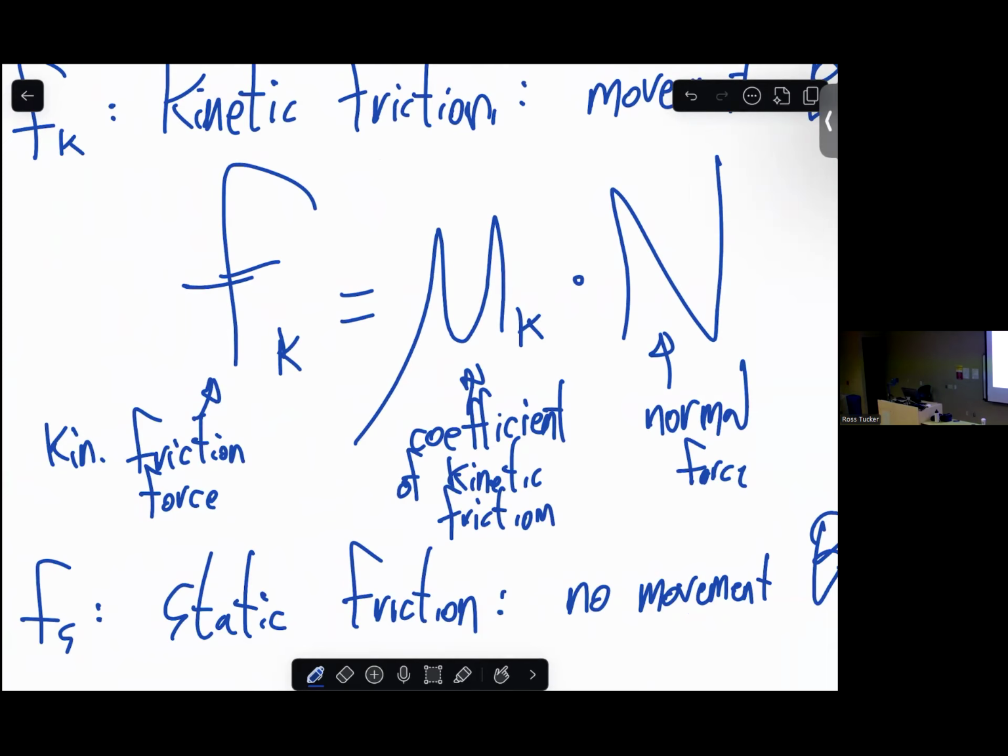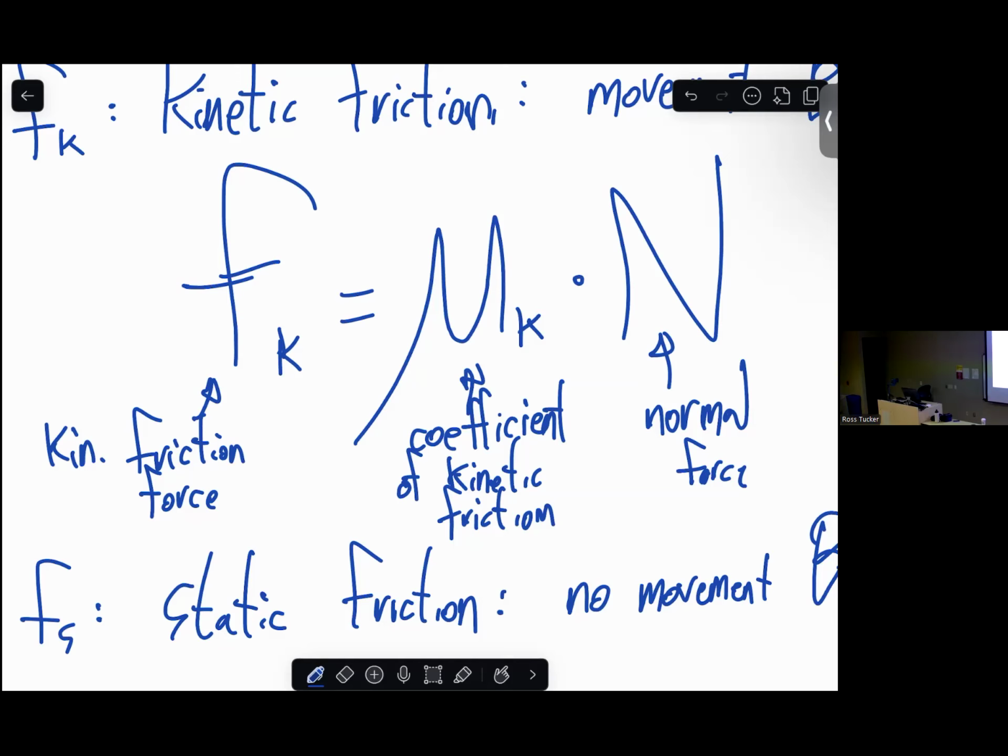If you could find the normal force on that object, you can find the kinetic friction force. Mu, where does mu come from? Other than a kitten, mu is given. Mu is tabulated. Mu is just a number you look up. I will give you mu, or I will give you everything but mu and ask you to find mu. It's just a number. The number depends on the surfaces.